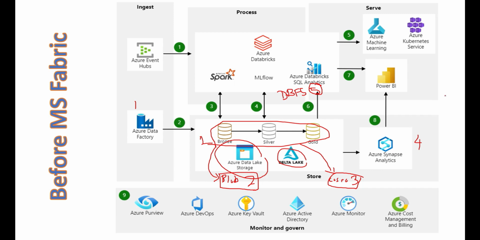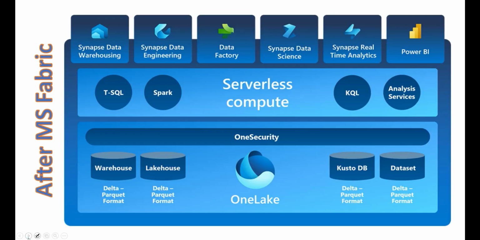So this is the problem that Microsoft is trying to solve using this architecture, which we call Microsoft Fabric. So with Microsoft Fabric, they are not introducing any new technology as such, like data engineering, or bringing a completely new machine learning tech stack.